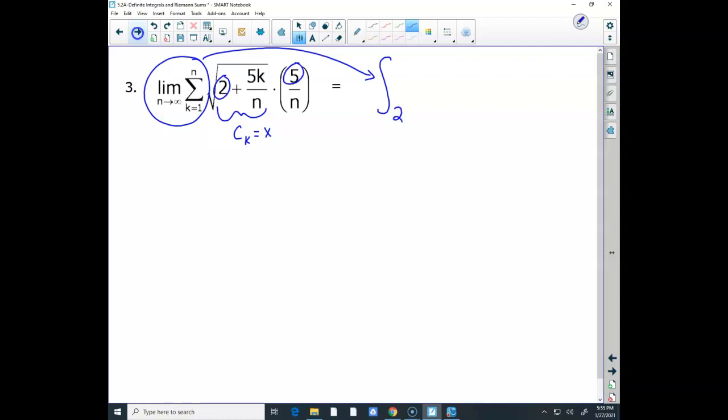My width is 5, so I'm going to go up 5 from 2. Well, hey, that would put me at 7. Okay? Well, what's my function? Well, if this is my whole c sub k, this whole thing inside here is my function. So that's going to give me the square root of x.